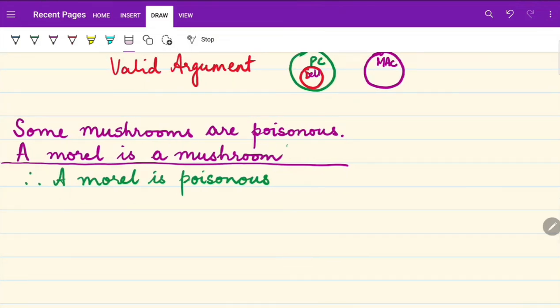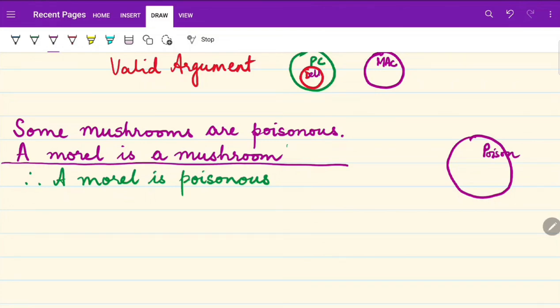Some mushrooms are poisonous. So here the bigger set is everything that is poisonous, that would be regarded as poisonous. So we are going to have a circle representing elements that are poisonous, right? And then some mushrooms are poisonous.